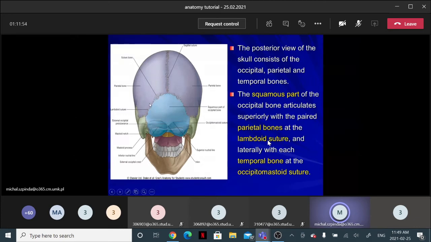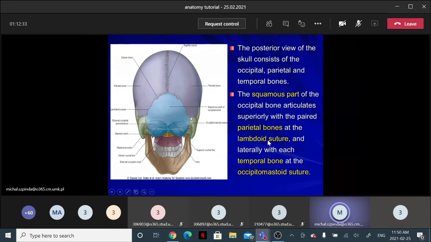Such a suture between the occipital bone and two parietal bones is called the lambdoid suture. With the lambdoid suture are to do three craniometric points. On both sides we have asterion. Asterion, like a star.